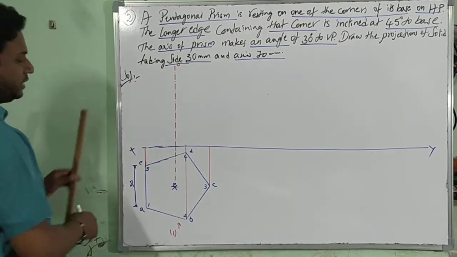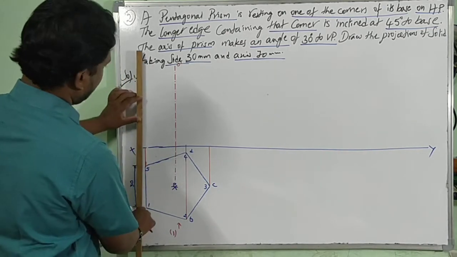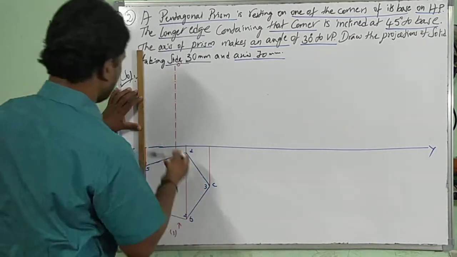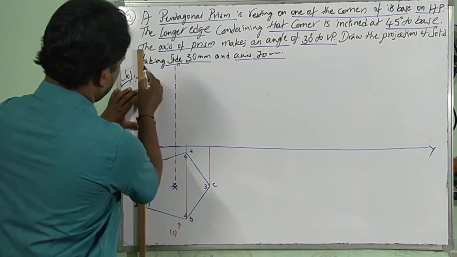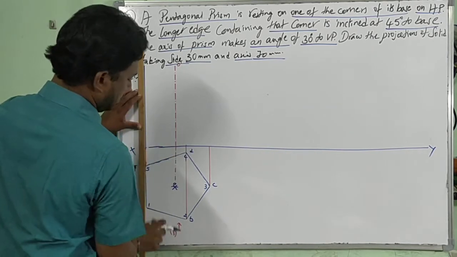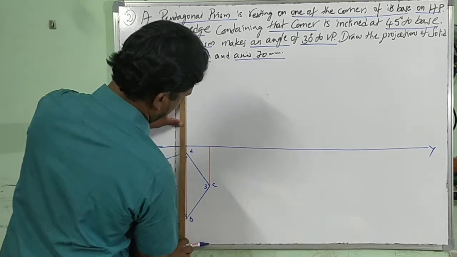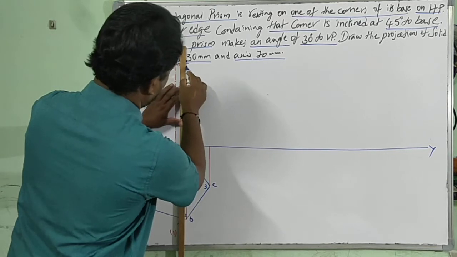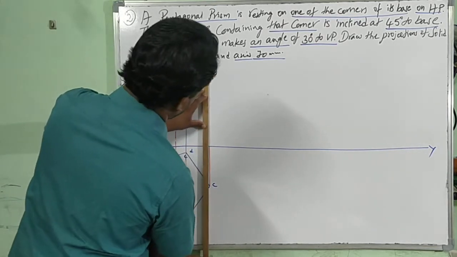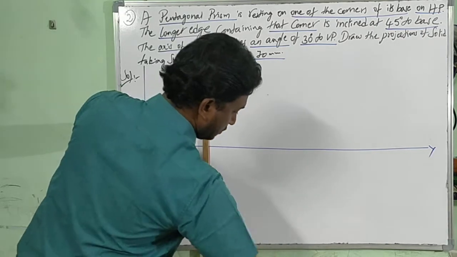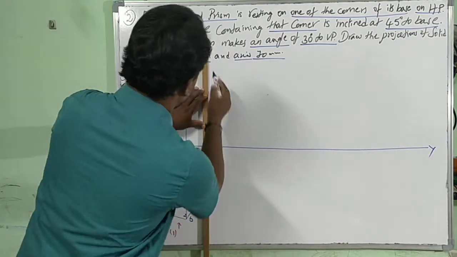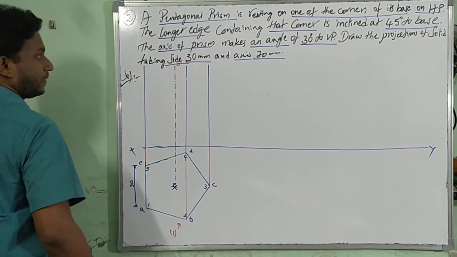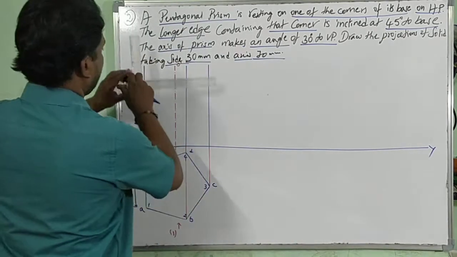Now project all the things for these heights from A, B, C. Closing the top ones.